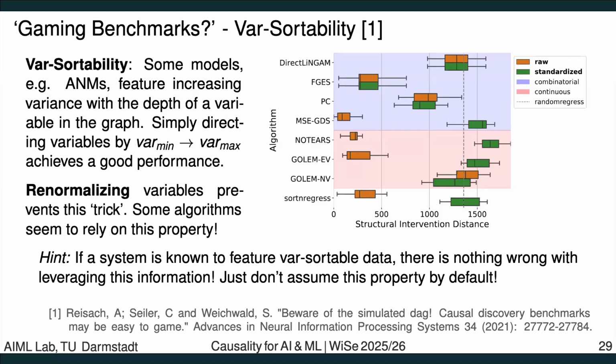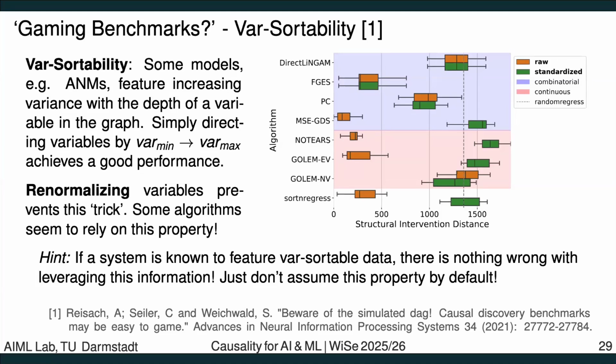So if I know my data is var-sortable, then I can leverage this fact, maybe as a heuristic or whatever, to direct some of the edges, or at least direct them with higher probability or be more certain about them. So this might happen if you have, for example, production lines, or I think there is also a river data set which is var-sortable.